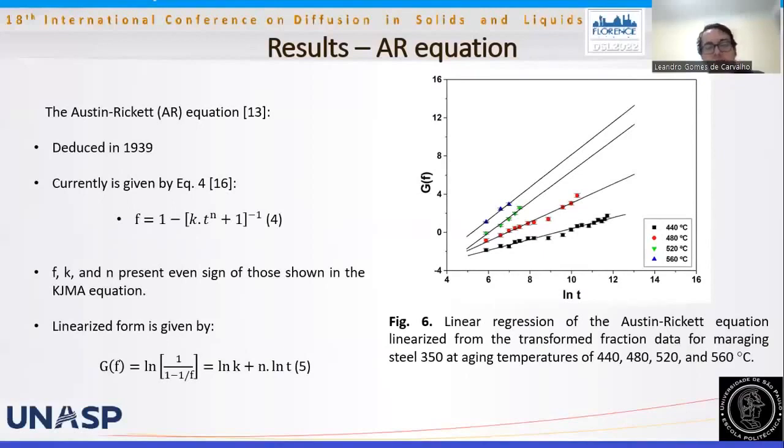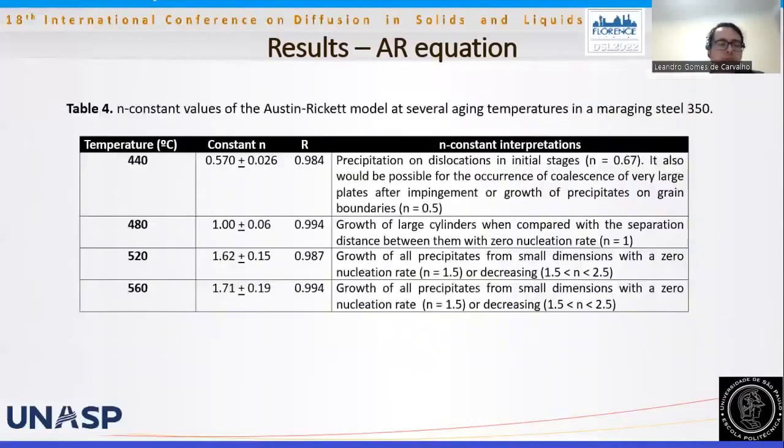Starting from equation 5, a graph has been obtained based on the results of the transformed fraction. Figure 6 also shows a good behavior of experimental data when compared with linear regression. Table 4 illustrates that the Austin-Rickett model also presented a good correlation with experimental data.